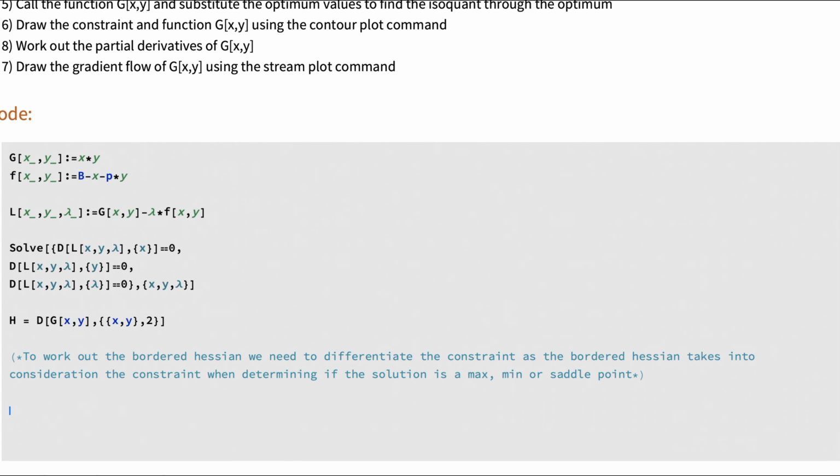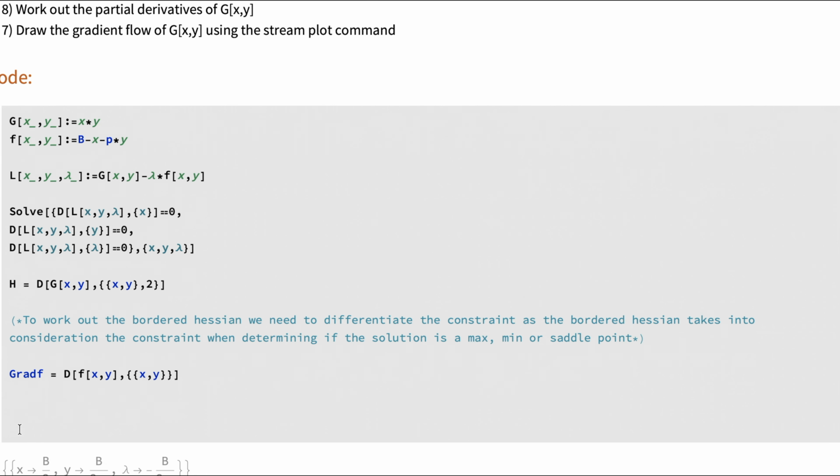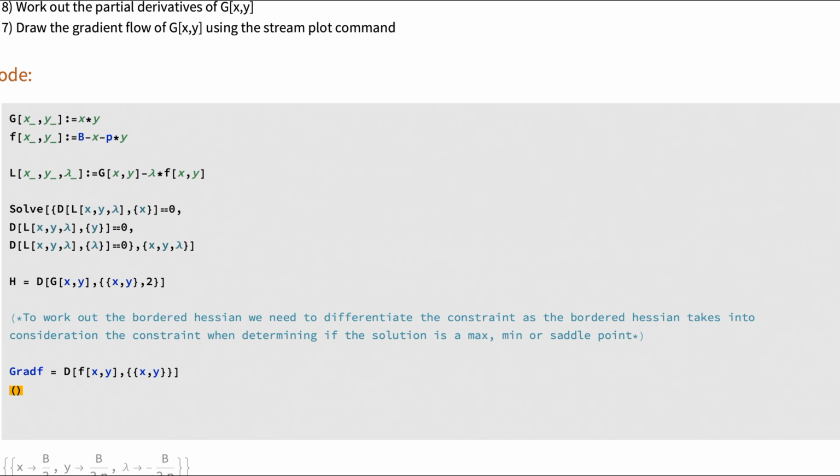This is going to be the gradient of f, which will be equal to the derivative of the function f of x, y, and we are differentiating this with respect to x and y. You might notice that there are two curly brackets. That's just because the two curly brackets tell Mathematica to differentiate once with respect to each variable.